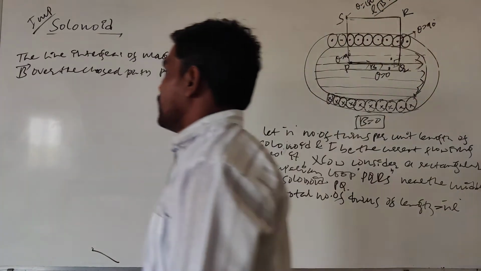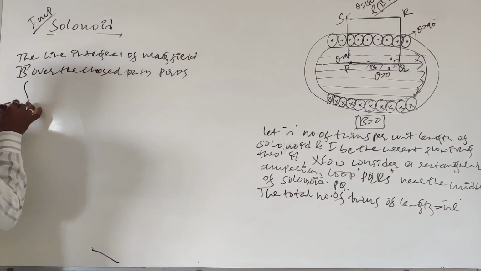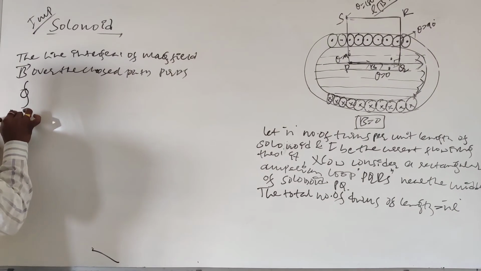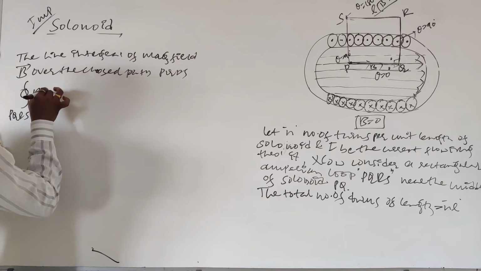So then what happens here? For a closed loop PQRS, B dot dl.